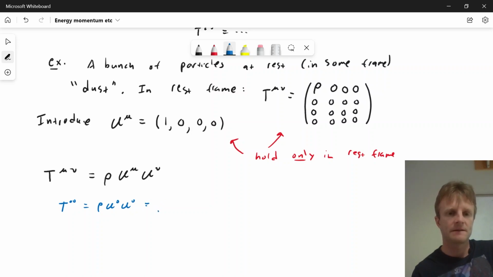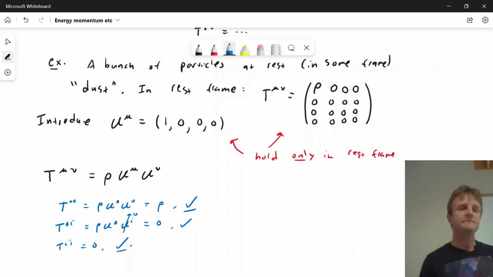Okay? So that works, because that agrees with up there, right? And similarly, T0i is rho u0 ui, but that's going to be 0 because ui equals 0. And so that also agrees, and similarly, Tij is going to be 0 because ui is 0.